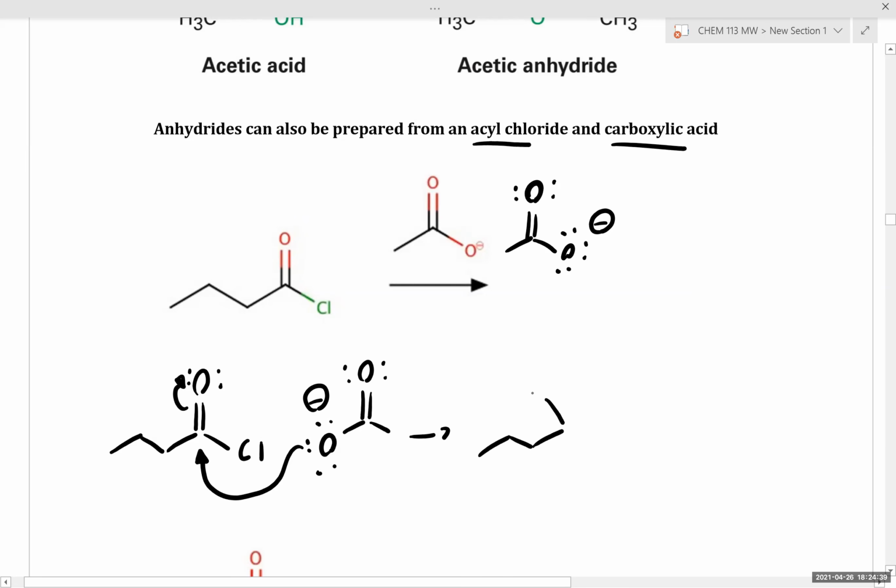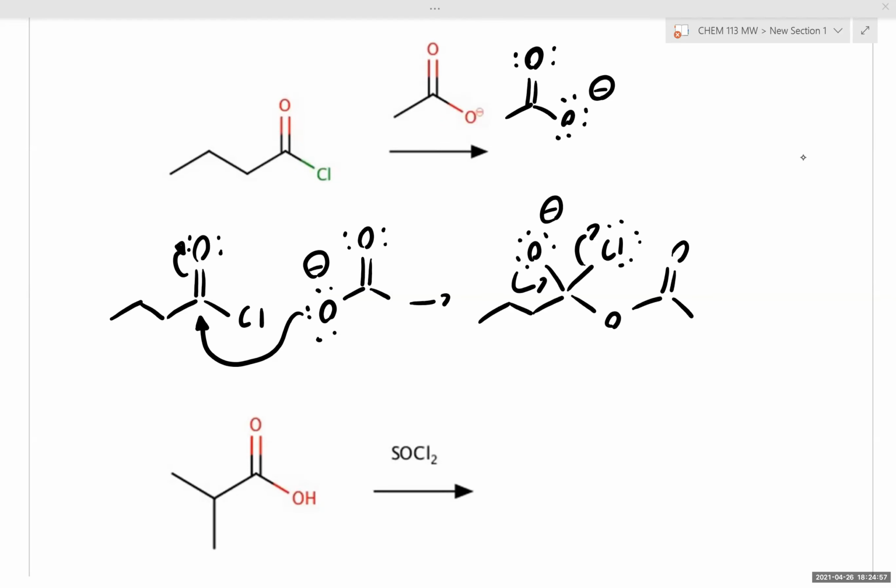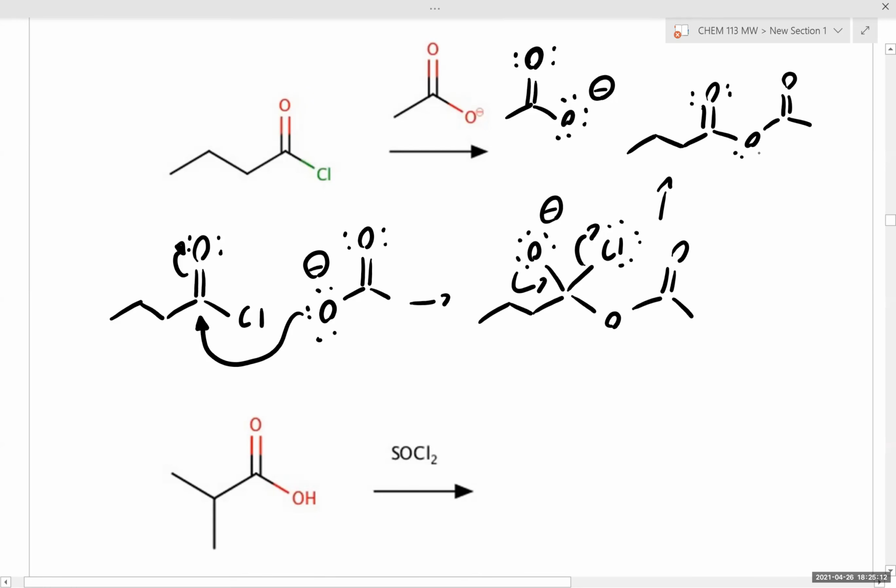From here, we'll generate a tetrahedral intermediate. And in this case, our best leaving group is chloride. So we'll kick out chloride and we'll get our desired anhydride. Does this mechanism make sense?